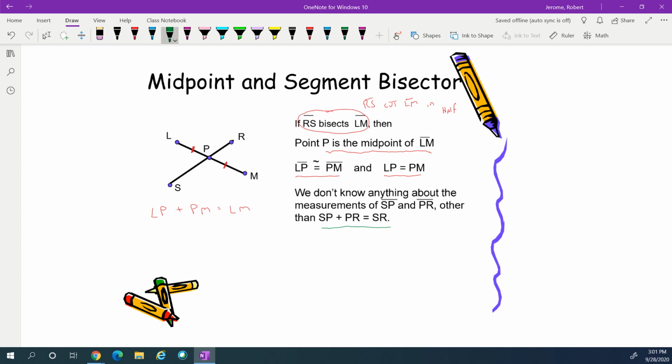So it is really important when you look at a picture, when you read the directions and the given information carefully, that you know which piece was bisected, which piece we do not know anything about, so that you can choose the correct approach. Remember, geometry is just rules. You have to know how and when to use each rule.